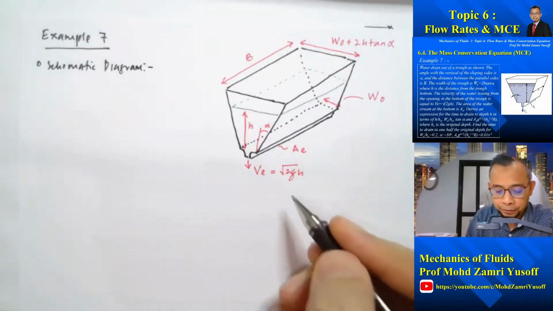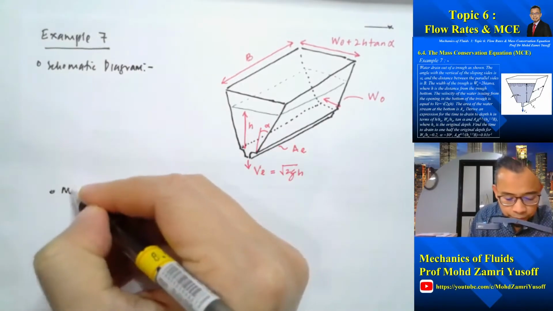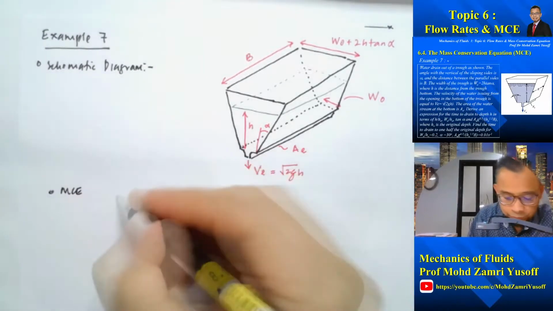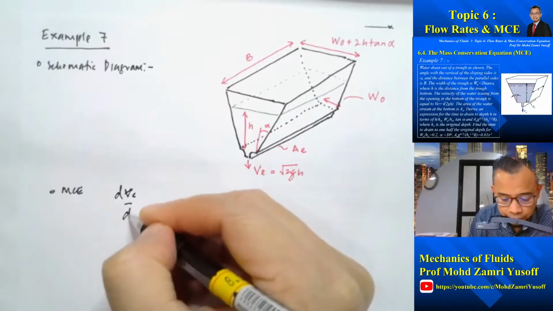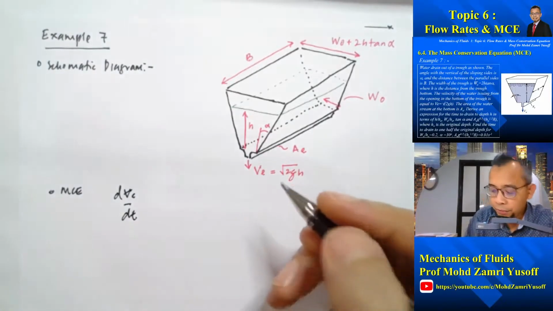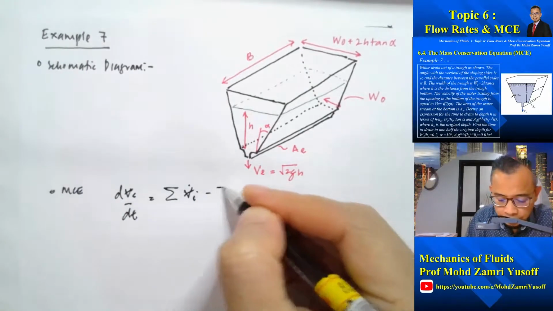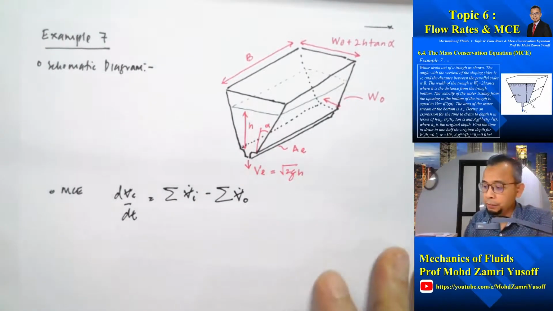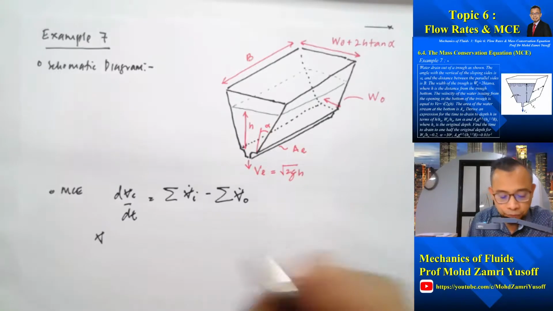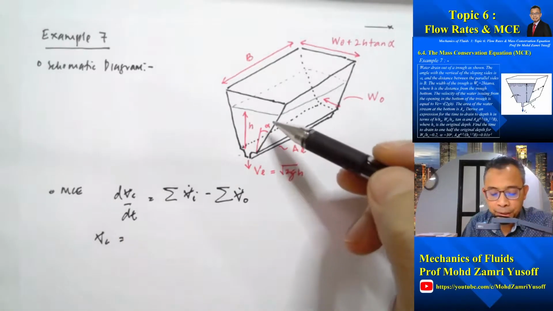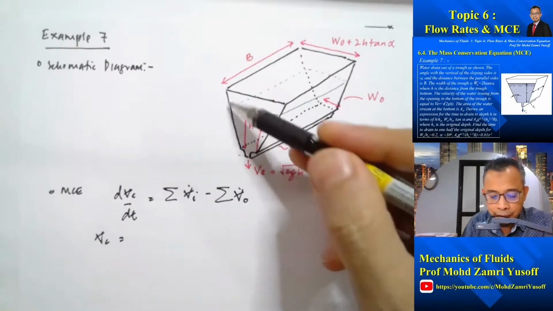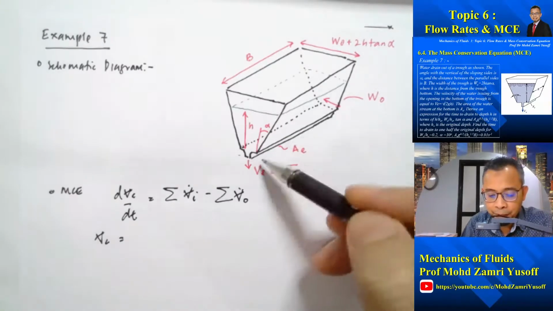If we apply the mass conservation equation for incompressible flow, we get dVc by dt equal to the volume flow rate in minus the volume flow rate out. What is the expression for the volume? The volume will be equal to the cross-sectional area multiplied by b.